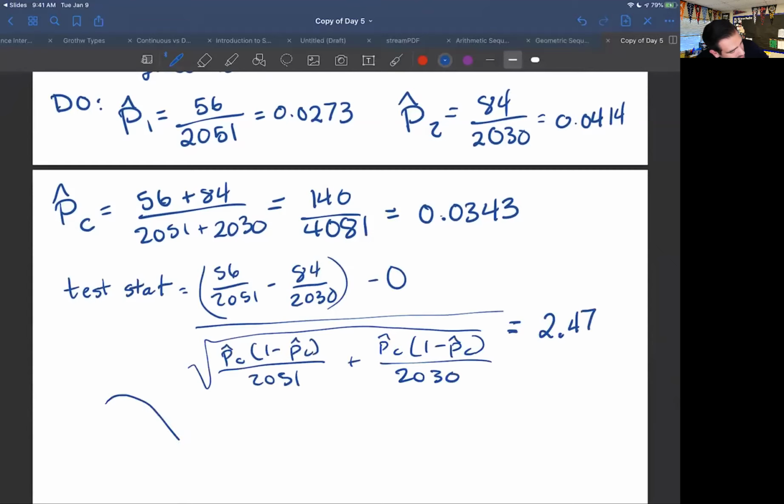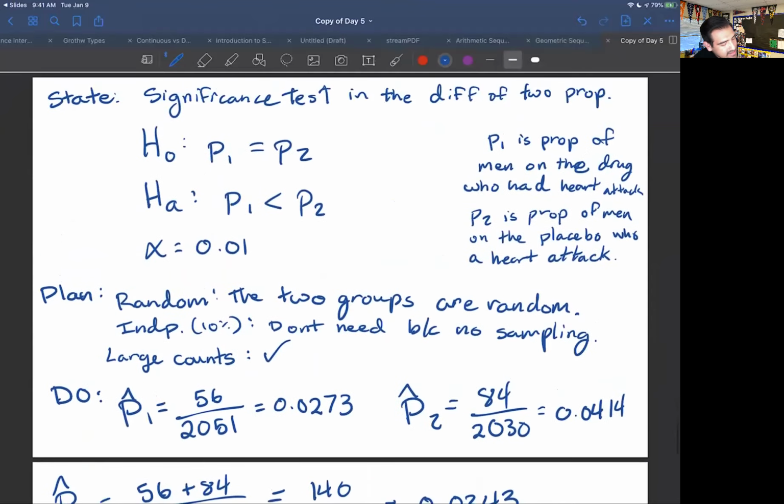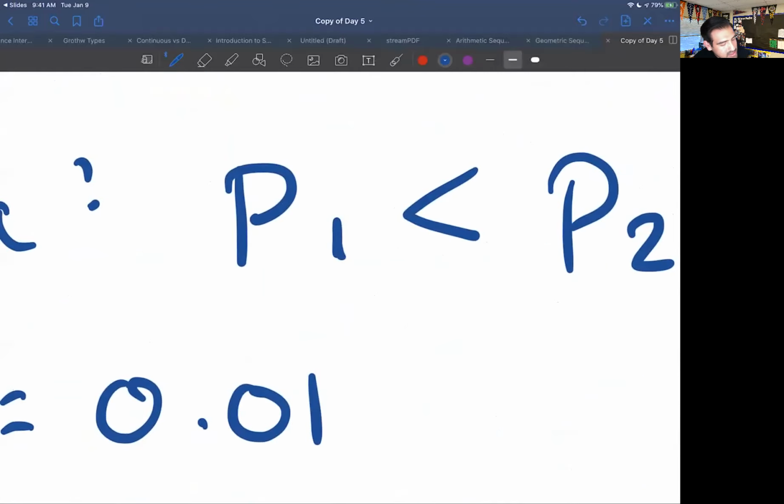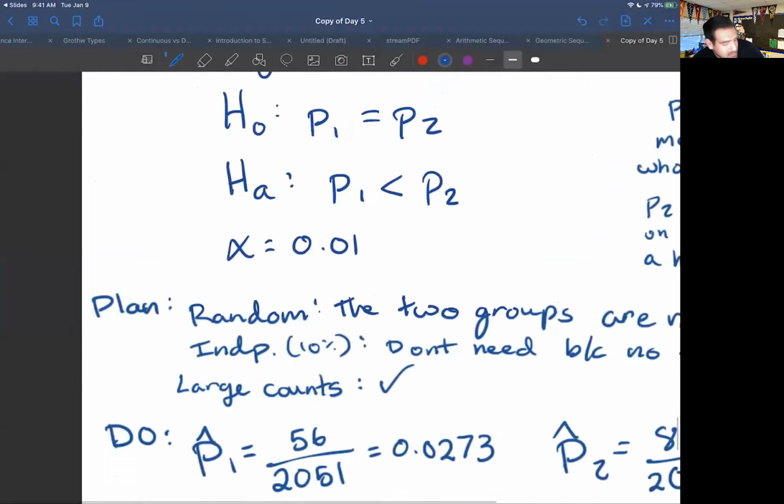So if I'm thinking of a standard normal distribution centered at 0, thinking of the negative 2.47, of that negative value, I want all the area to the left, because remember, my alternative hypothesis is saying that the proportion of men who took the drug is less than those who took the placebo.